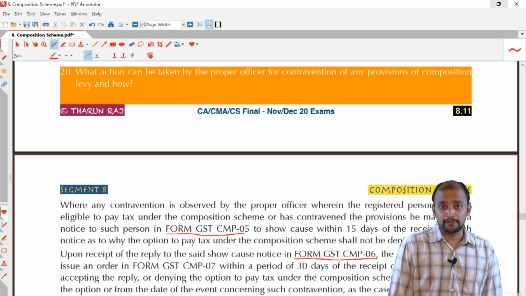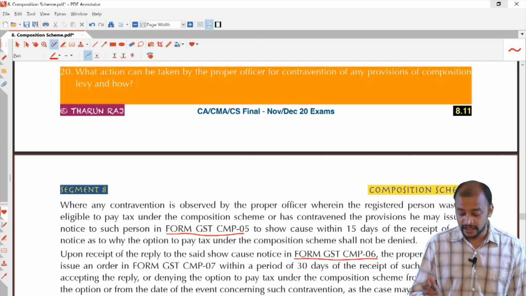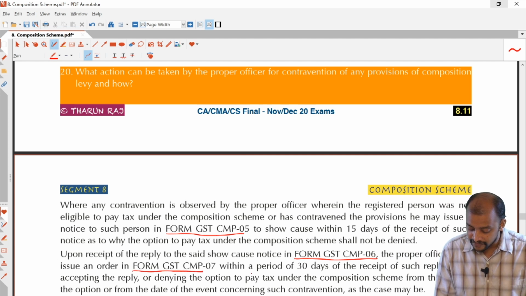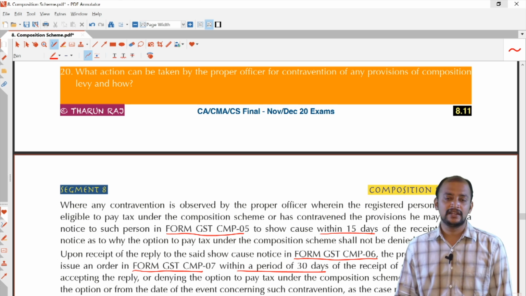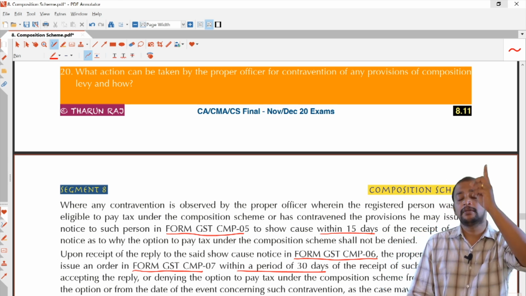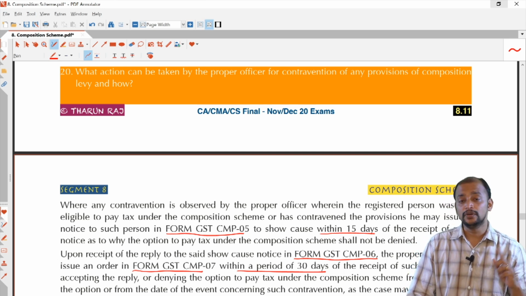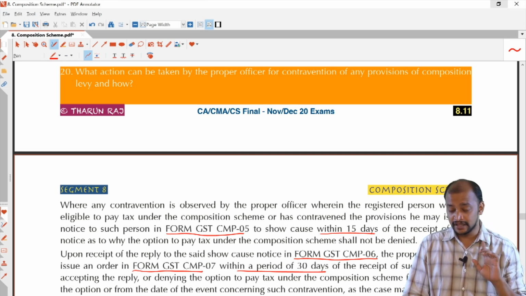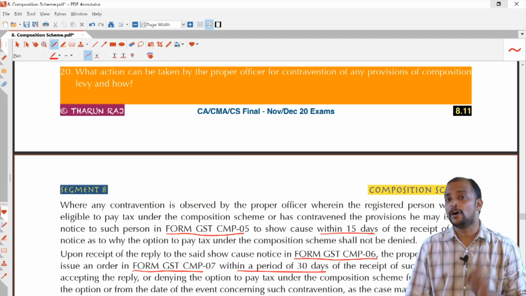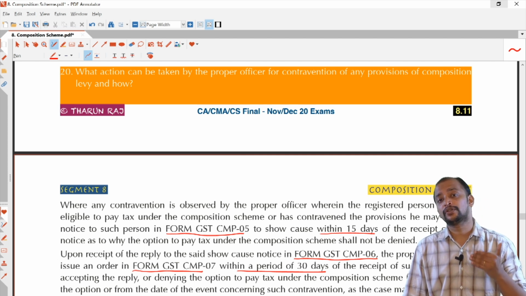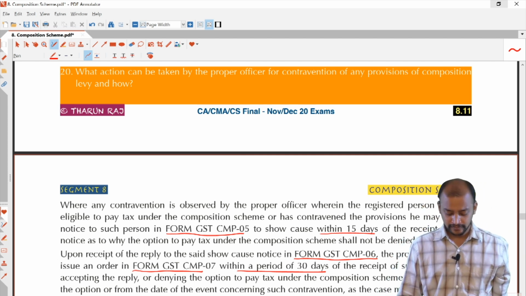And based on your reply, the officer will pass an order in CMP 07 within 30 days. Within 15 days of receipt of notice you need to give a reply, and within 30 days of the receipt of such reply, they will pass an order, either allowing you to continue in the composition scheme or rejecting the composition scheme for you.